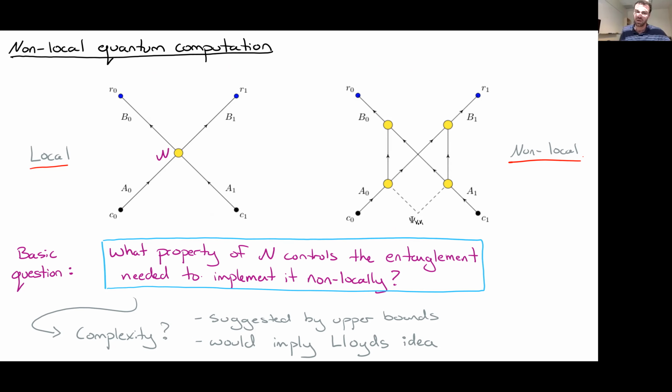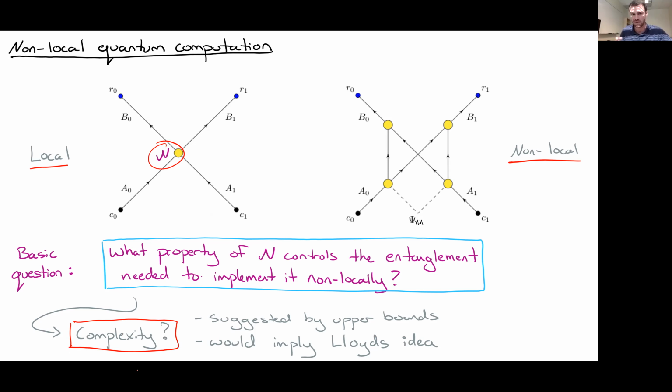The question we're interested in is, what is the property of the local computation that controls how much entanglement is required to implement it non-locally? The basic suggestion I want to explore is that it could be the complexity of the local transformation that controls its entanglement cost.